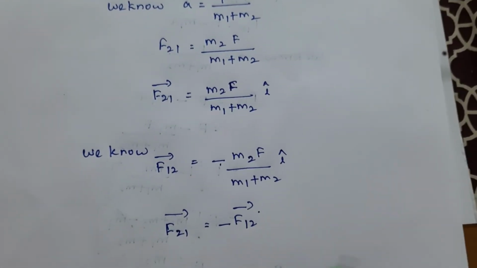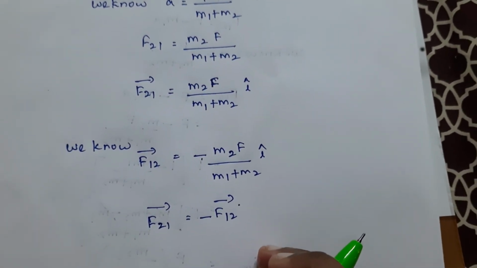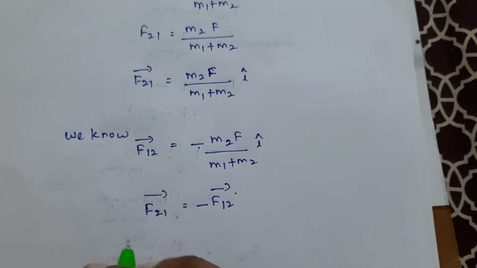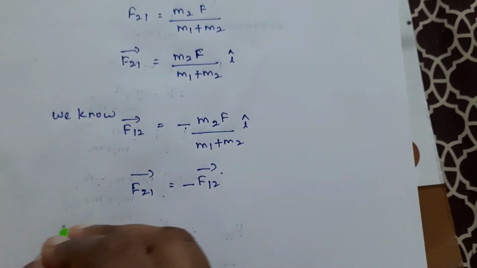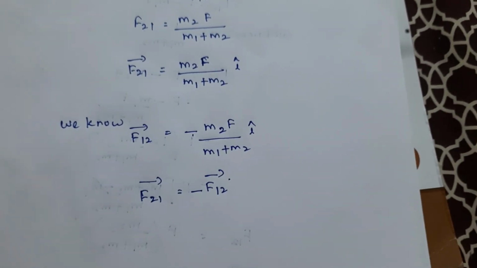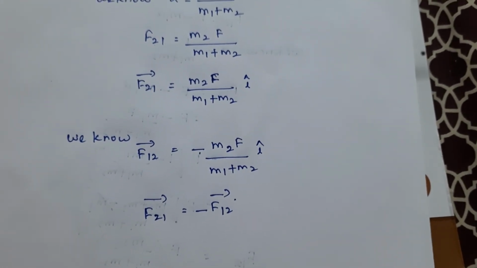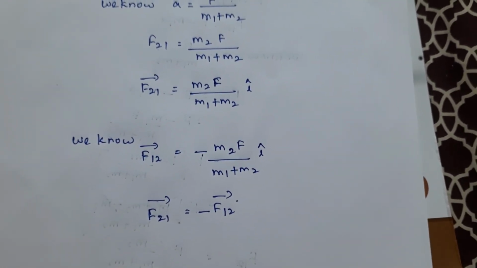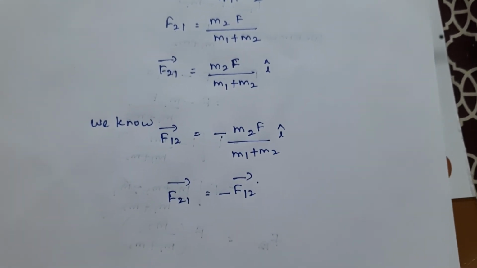These two forces are equal and opposite, which confirms Newton's third law. So this is how we are proving Newton's third law for two bodies in contact on a horizontal surface.